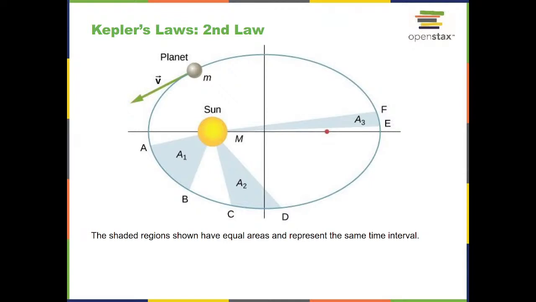There are two other laws, and I'm not going to go into them in detail because they require a little bit more derivation. Kepler's second law says that if a planet is going into an orbit, the surfaces it describes in different parts of the orbit, it sweeps out equal surfaces A1, A2, and A3 in equal times.